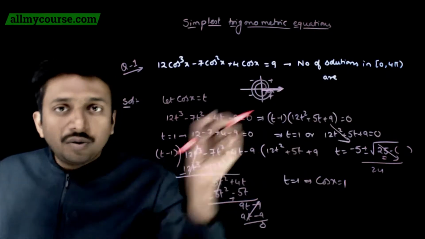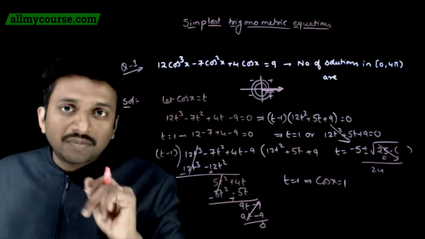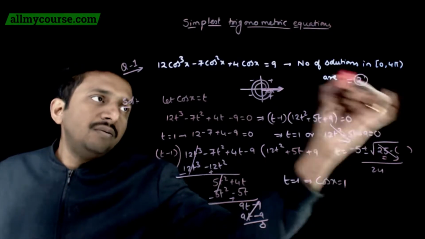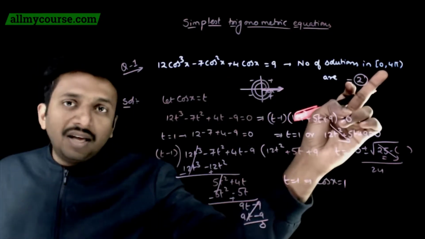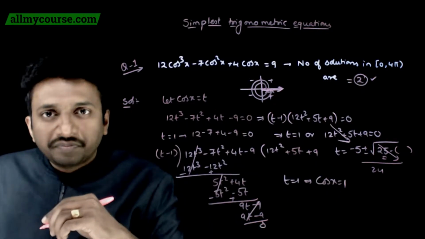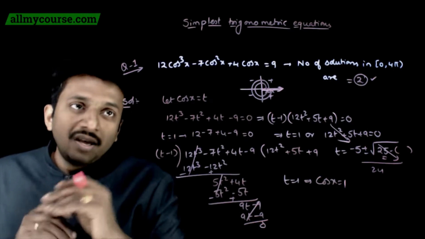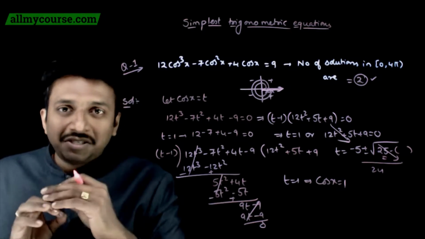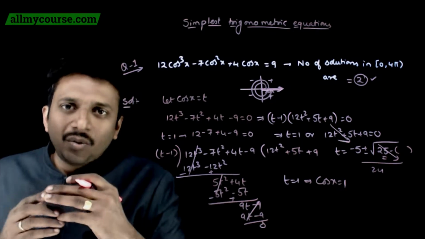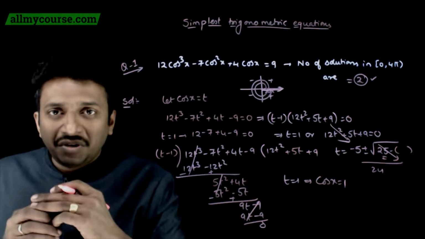So between 0 to 4π, you come to this position 2 times, at 0 and 2π. So the answer is 2. The number of solutions in the closed-open interval 0 to 4π is equal to 2. I hope you have understood this concept of factorization, and this will be used if you have a higher degree trigonometric equation.